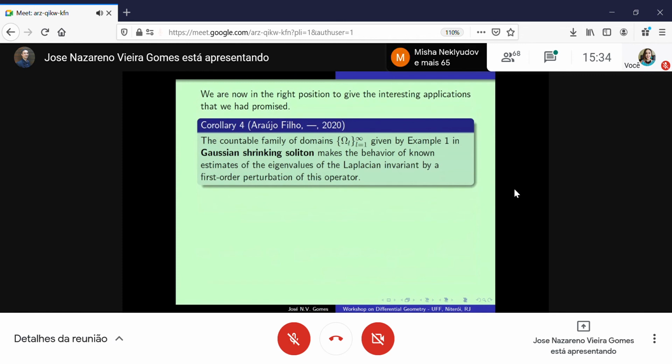We are now in the right position to give you the interesting application that we had promised. This one: the countable family of domains given by Theorem 1, but in the Gaussian shrinking soliton, makes the behavior of the known estimate of the eigenvalues of the Laplacian invariant by a first order perturbation of this operator.